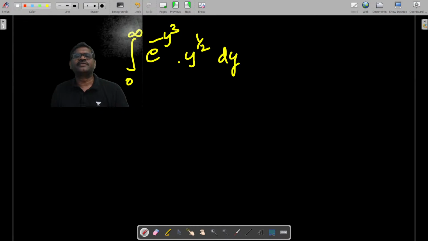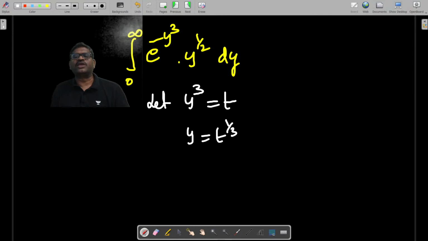Let us take y cube equal to t, y equal to t power 1 by 3, dy equal to 1 by 3 into t power 1 by 3 minus 1 dt.